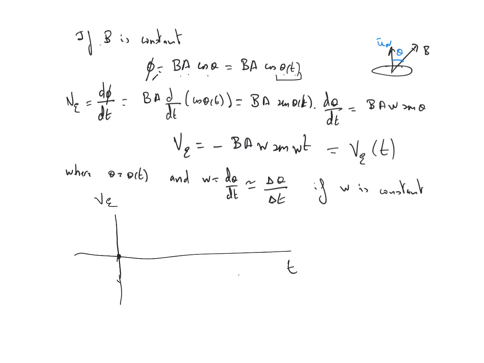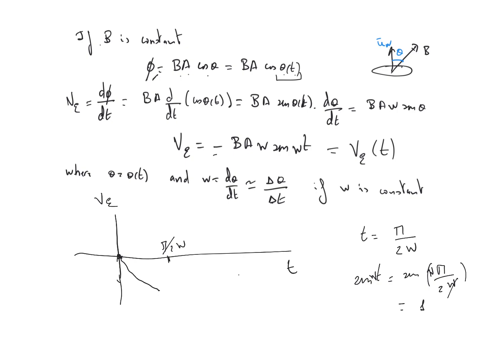When some time t elapses, sine of omega t becomes positive, but with this sign it becomes negative, and when the angle omega t becomes pi over 2, when the time t becomes pi over 2 omega, sine of omega t will be sine of pi over 2, which is 1.